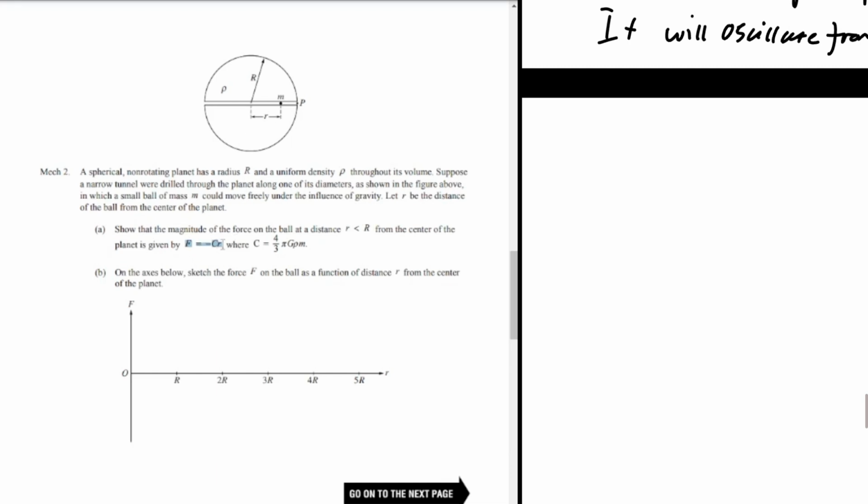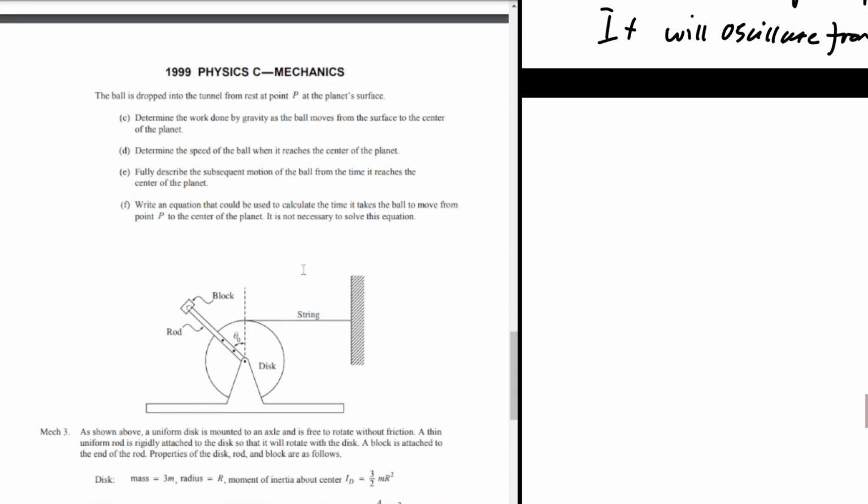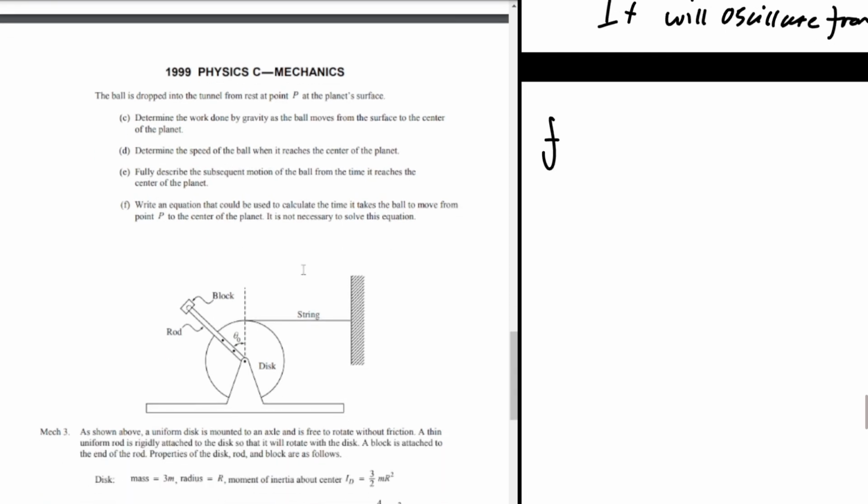If you think of the spring equation, negative kx, or the torsional pendulum, negative k theta, that's the restorative torque. Those are opposite and proportional to the displacement, as is this. This is what they want you to see. That's why they put the negative there.